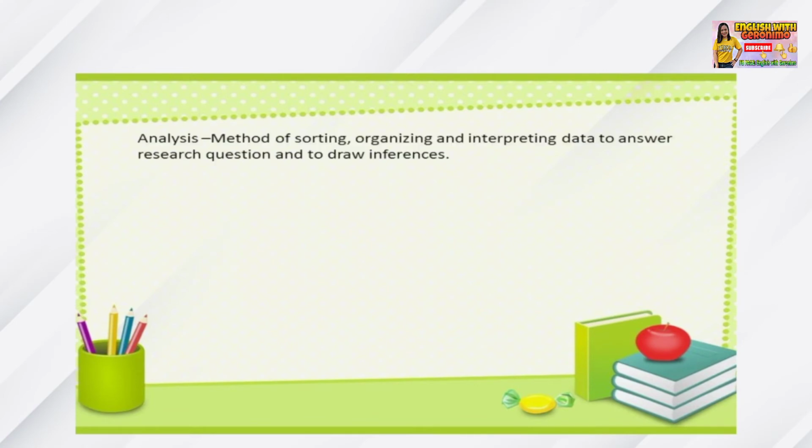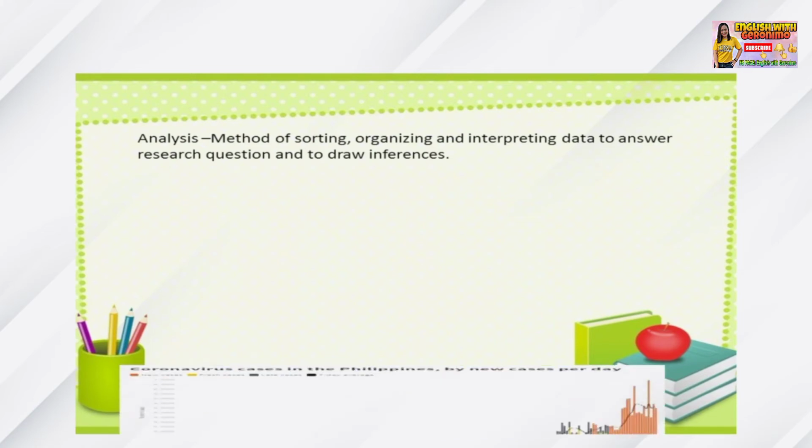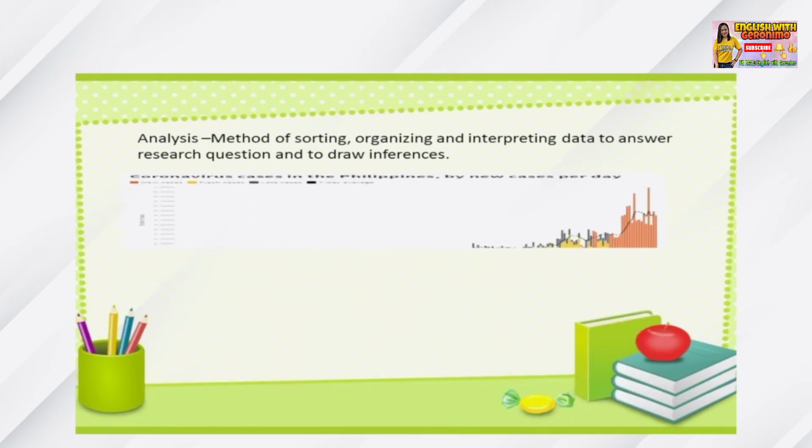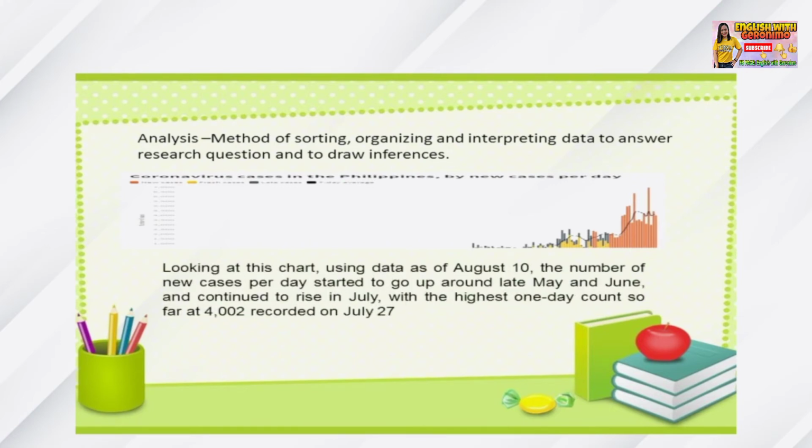In research, you also have to study about analysis. Analysis is a method of sorting, organizing, and interpreting data to answer research questions and to draw inferences. Here is the example. So we have this data, and then we have the inference or the interpretation of the data.